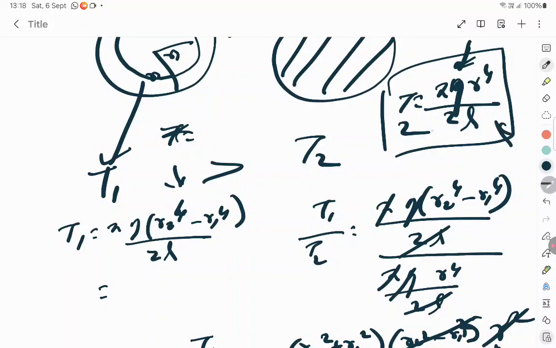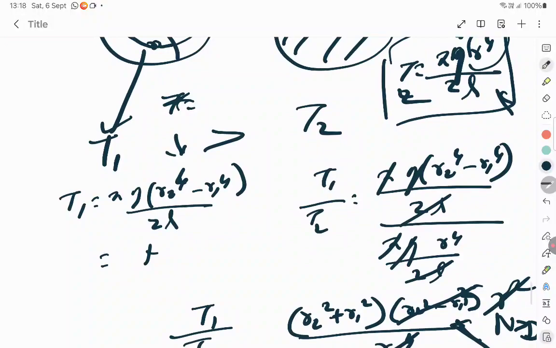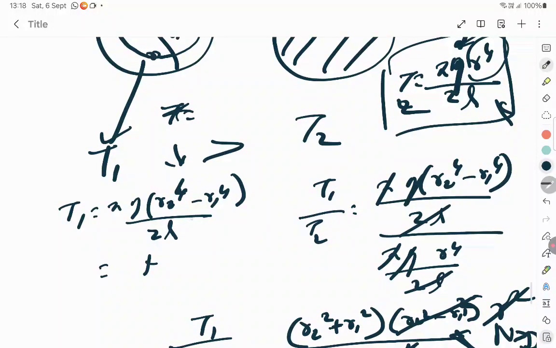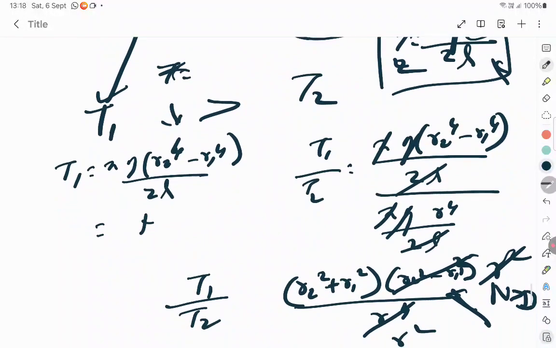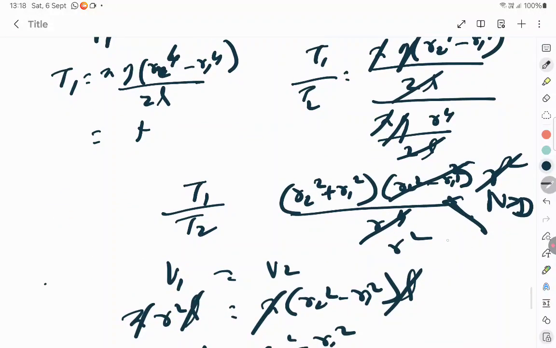This formula you should mark up, and this is T2 and this is T1. T1 will become, it's a hollow, so R to the power 4 will become R2 to the power 4 minus R1 to the power 4 in the formula. And T2 will just be R to the power 4, and dividing T1 and T2, you get this formula.